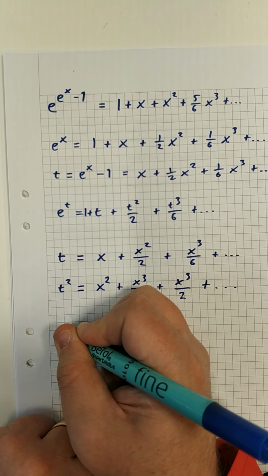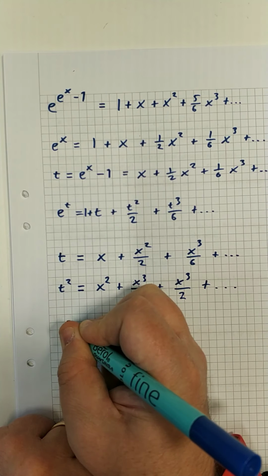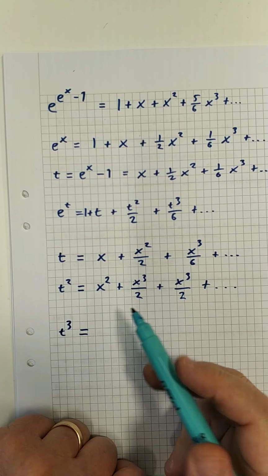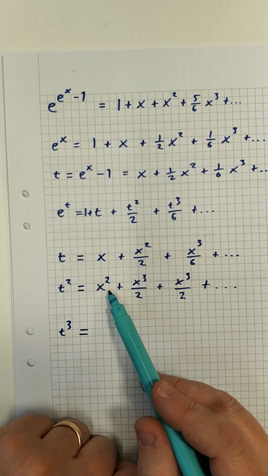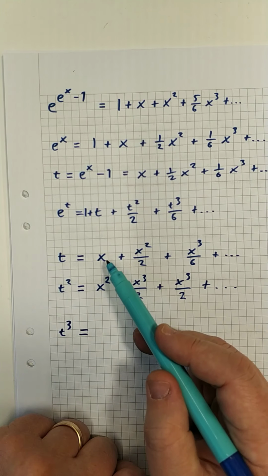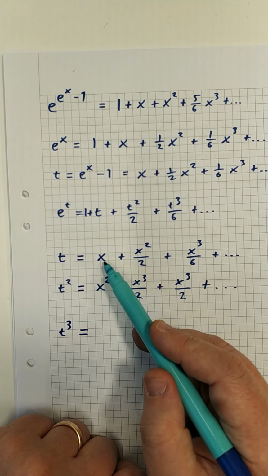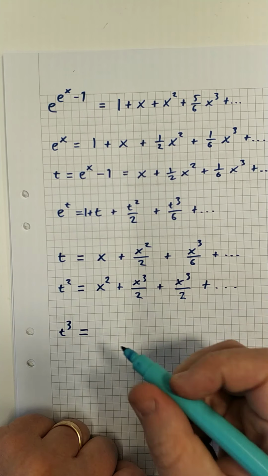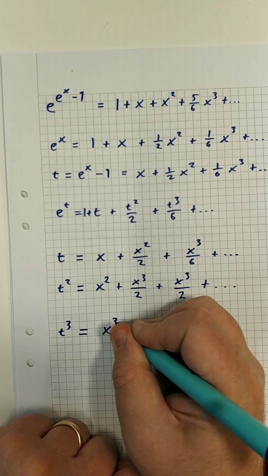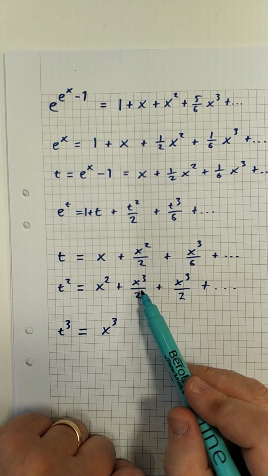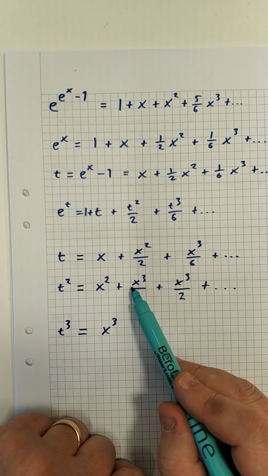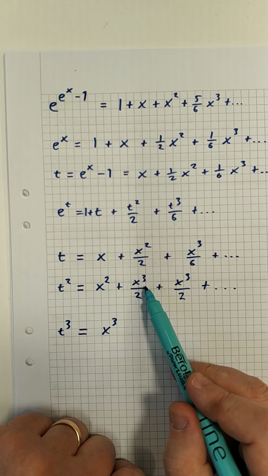What is t cubed then? Well, it's t times t squared. So I'll start by the first term of t and multiply it. x times x squared is x cubed. x times this term will be of too high order.